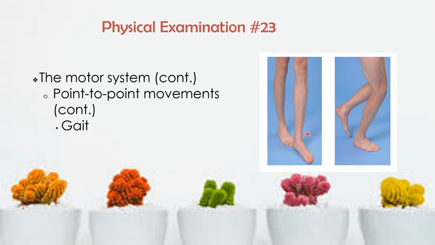Normally, balance is easy, the arms swing at the sides, and turns are accomplished smoothly. Abnormalities of gait increase the risk of falls. A gait that lacks coordination, with unsteadiness and instability, is called ataxia, and ataxia may be due to cerebellar disease.